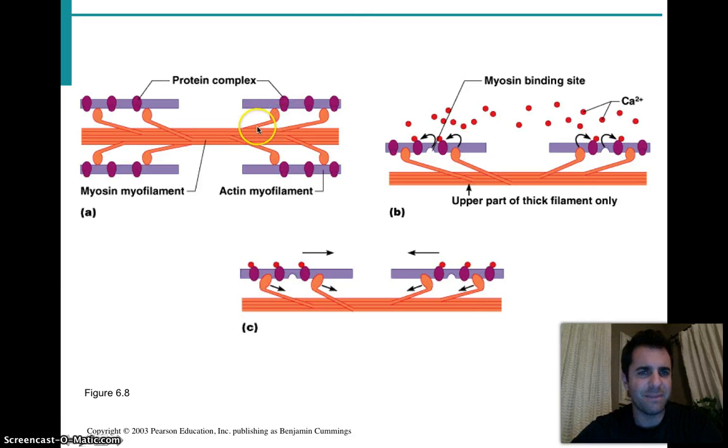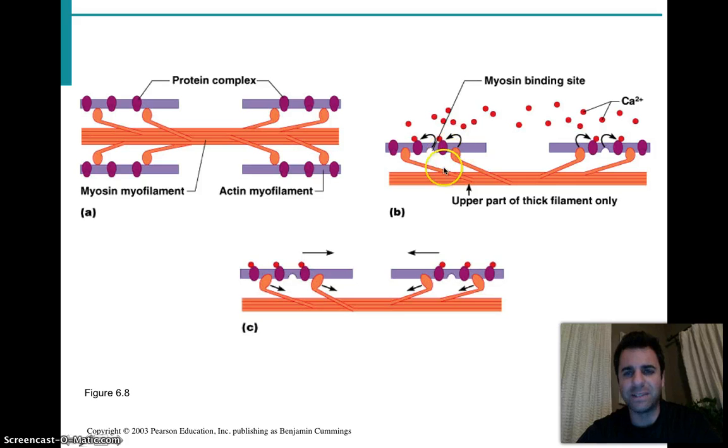Here we have the myosin golf clubs, if you like, the cross bridges or the heads. And when calcium is around, here we see Ca2+ release, these little red dots. And that moves this purple thing, and that's called troponin. And that opens up binding sites. So these are kind of the lock, and calcium is the key. It unlocks it and causes it to move.